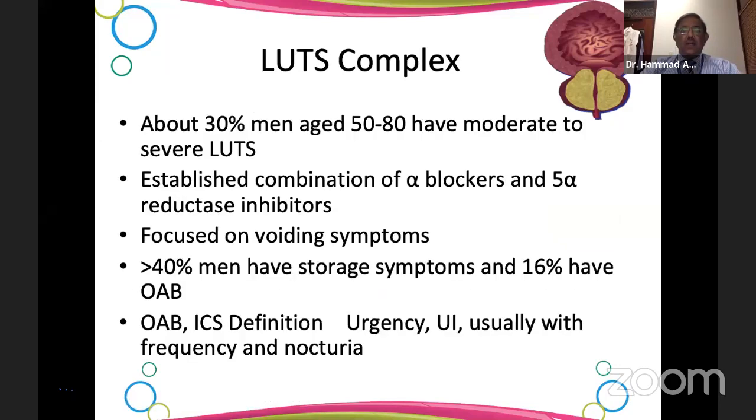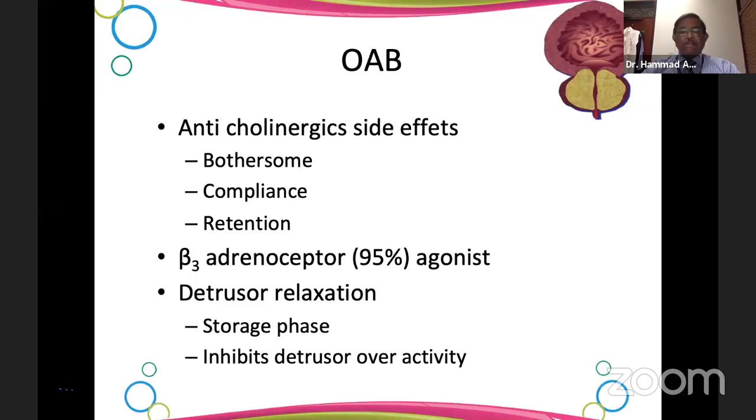So for the sake of time, I'll just skip some of the slides. As I've said, bladder dysfunction is also a common thing, and it is not a silent observer. It really suffers because of the prostate, and these bladder symptoms are the most bothersome.